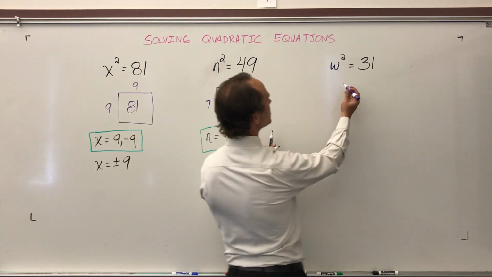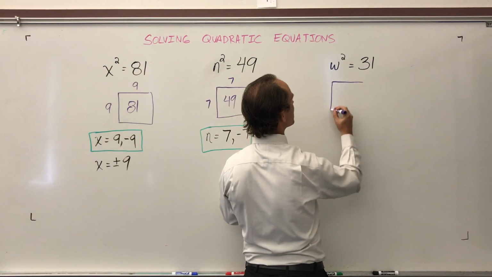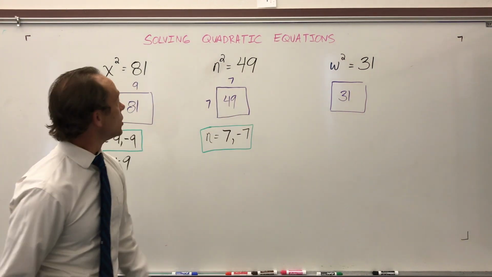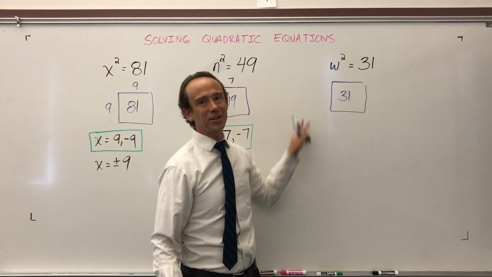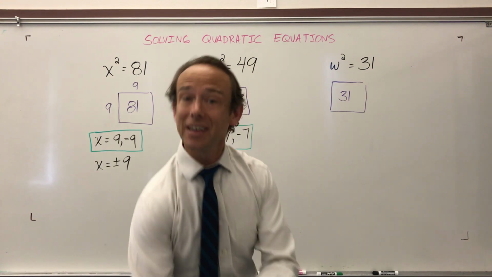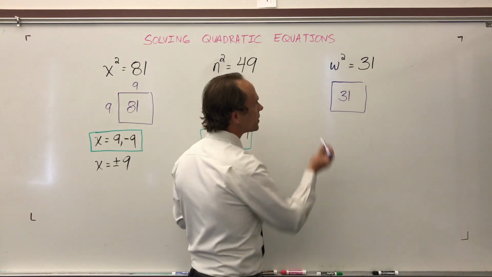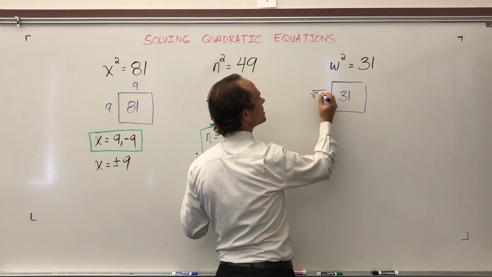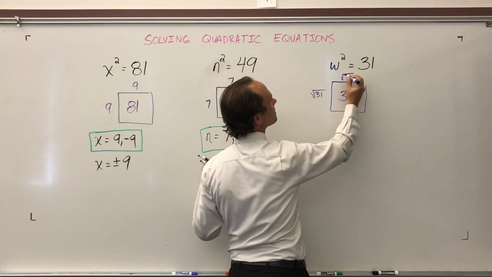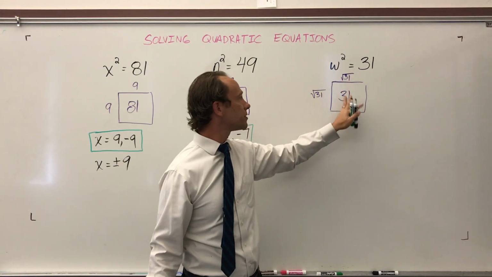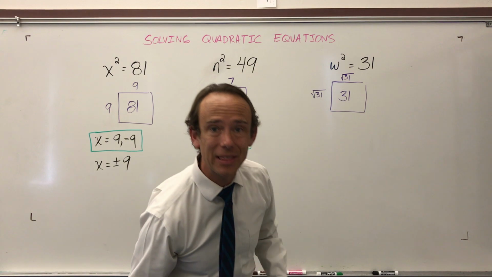All right, well, let's go look at this example. Now the area is 31. So we're thinking here, 31 ain't a perfect square. So really, the best you could do is say it's the square root of 31, because the square root of 31 times the square root of 31 is exactly 31.